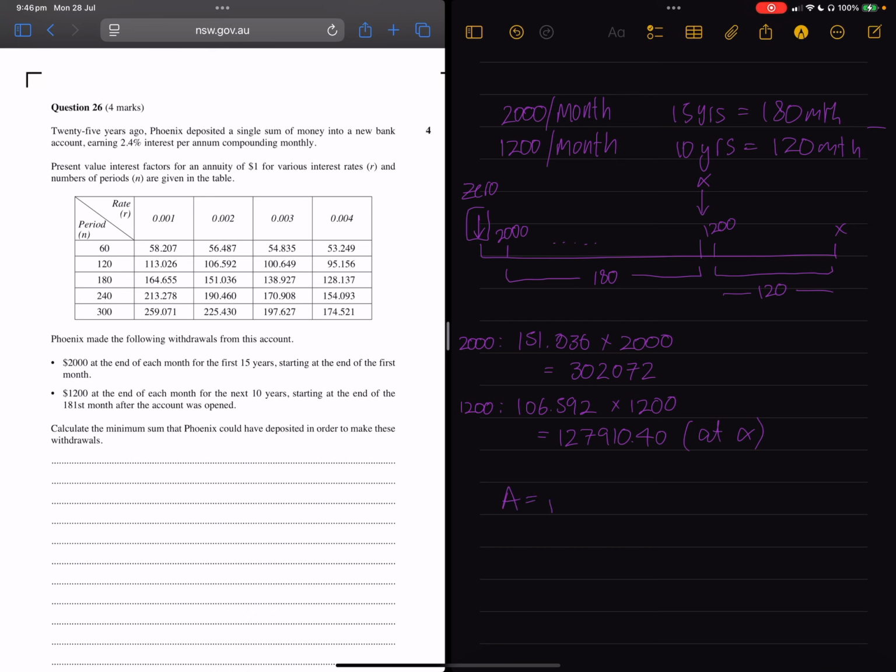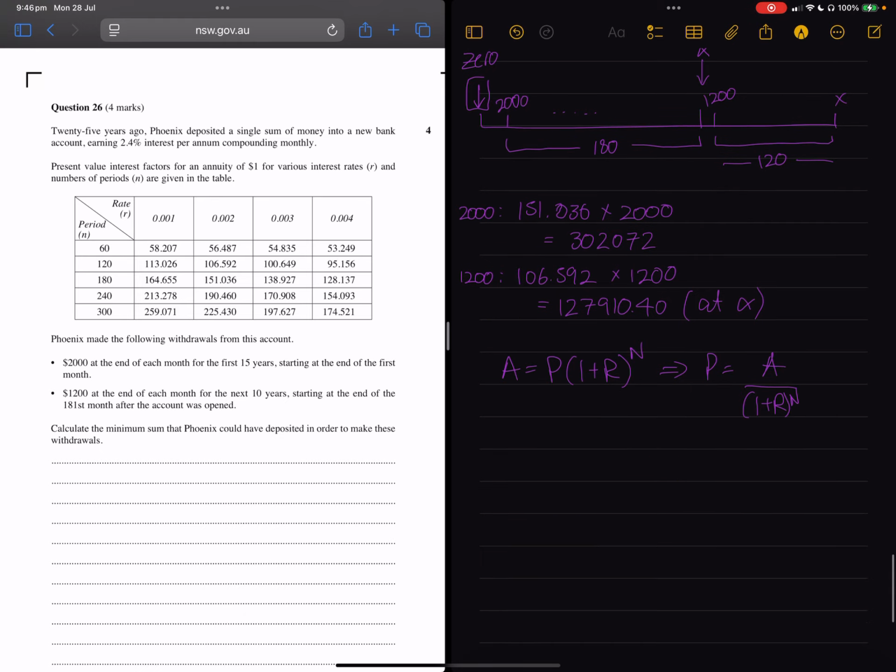So A equals P times (1 plus R) to the N. This implies that P is equal to A on (1 plus R) to the N. The amount you need at time 0, such that it becomes 127,910.40 with compound interest, is 127,910.40 divided by 1.002 to the power of 180, because there are 180 compounding periods for this.